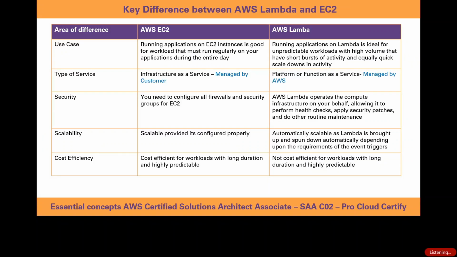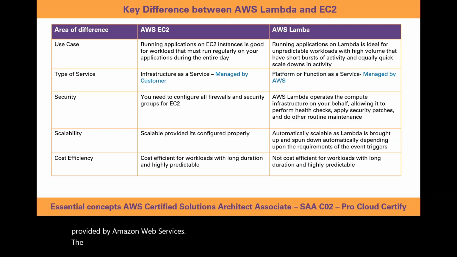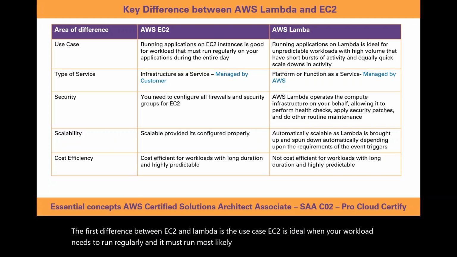Now let's go over the differences between AWS Lambda and EC2, which are both compute offerings provided by Amazon Web Services. The first difference between EC2 and Lambda is the use case. EC2 is ideal when your workload needs to run regularly and it must run most likely throughout the entire day.